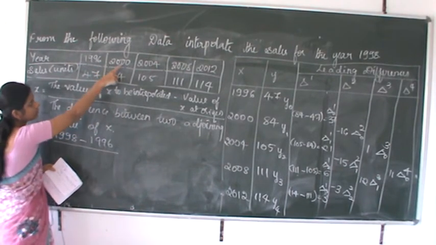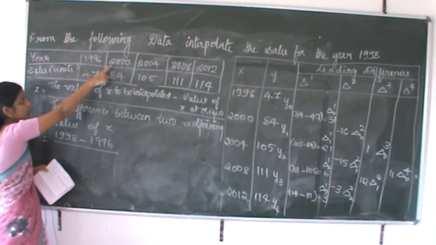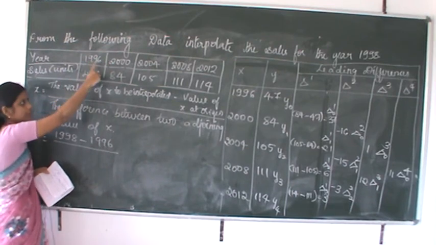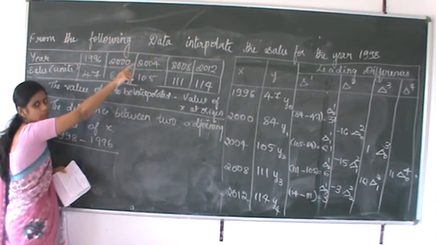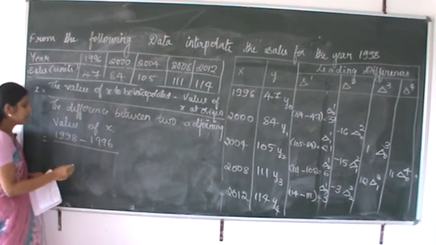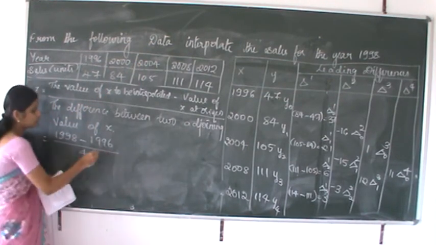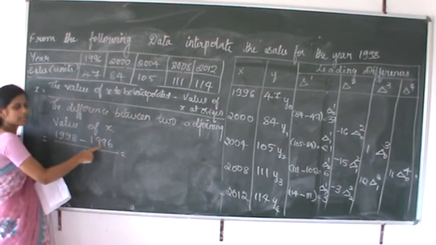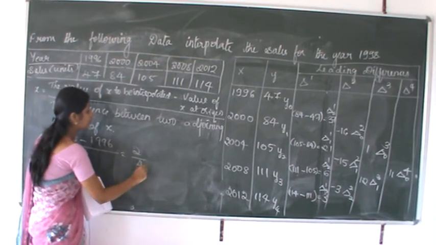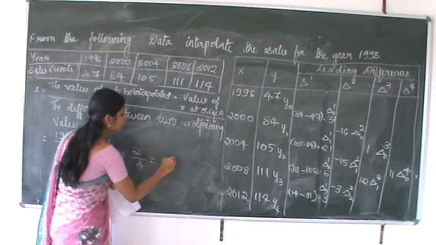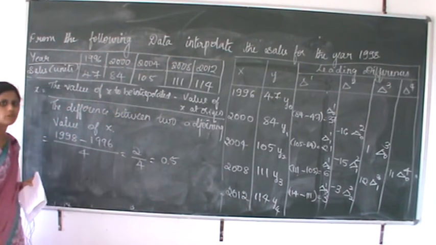See what is the difference between two adjoining values of x? 2000 minus 1996, it is 4 years. 2004 minus 2000, 4 years. So 4 years difference we can see. That's why divided by 4. So 1998 minus 1996, it is 2, divided by 4 is equal to 0.5. So x is equal to 0.5.